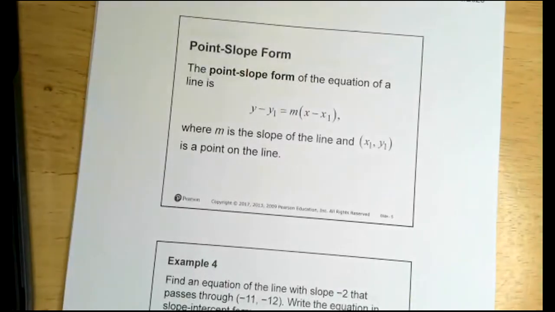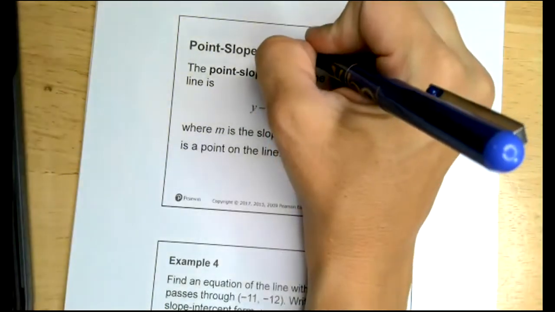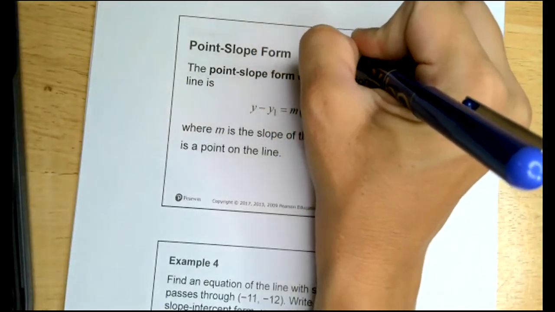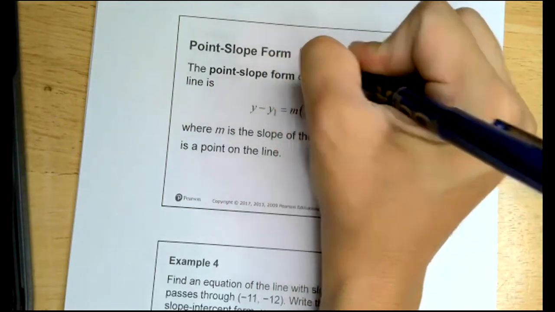That was the slope-intercept form, y equals mx plus b. Now we have the point-slope form. You don't know your y-intercept, but you know a different point, okay? You know one point, you know slope, okay?